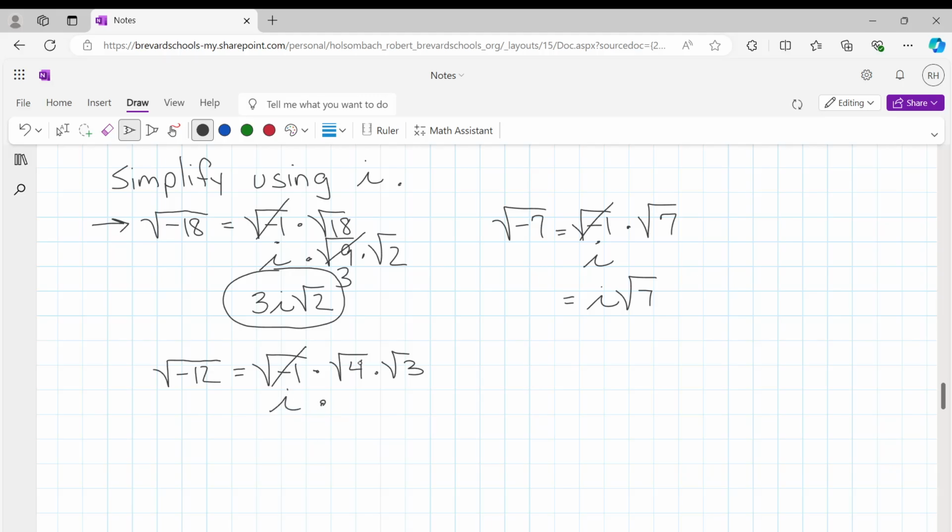The square root of 4 is equal to 2. And the square root of 3 is in simplest form, so we leave it alone. Now when we clean this up and rewrite it, the real number goes first. So we get 2i radical 3. And that is simplified using i.